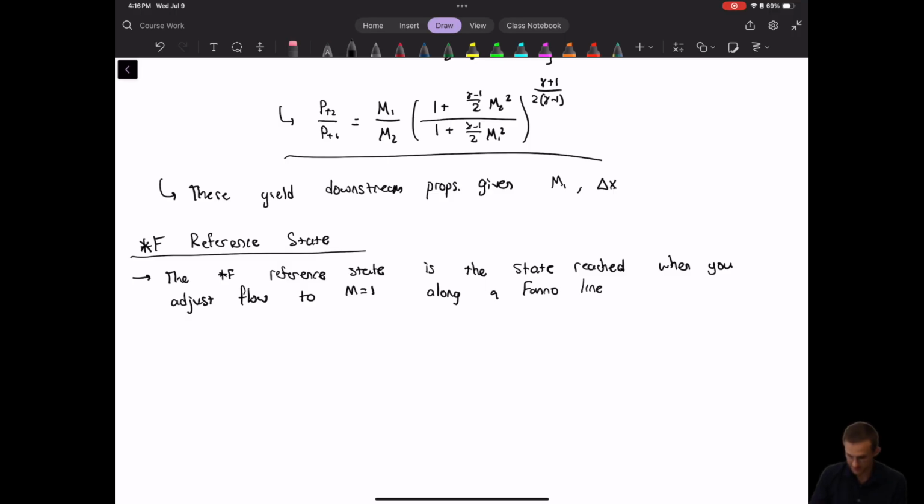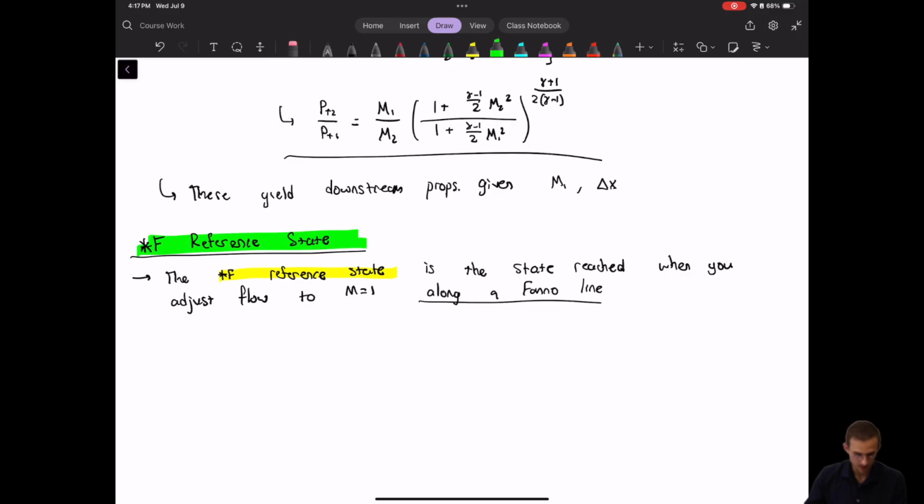Okay, so the sonic reference state, the star reference state, was when you would adjust the flow to M equals 1 along an isentrope, or like you adjust the flow isentropically to M equals 1. This is adjusting the flow to M equals 1 along a Fanno line, which is not isentropic, right, because there's friction. So underline that.